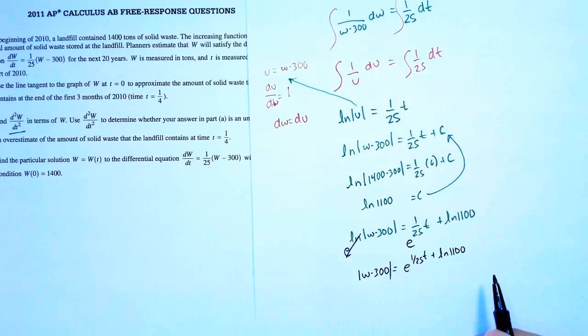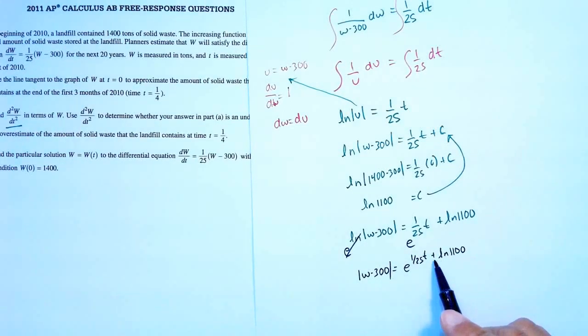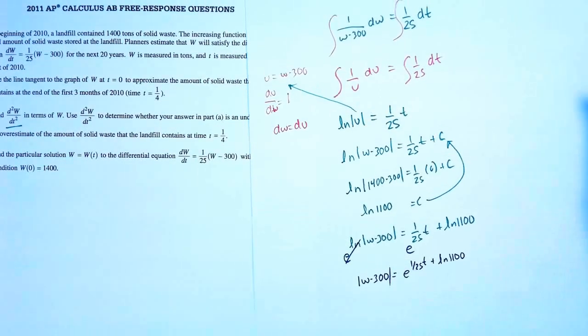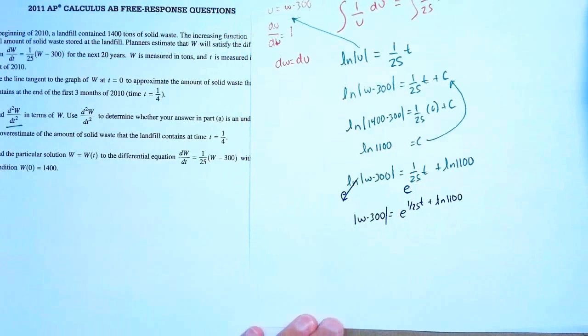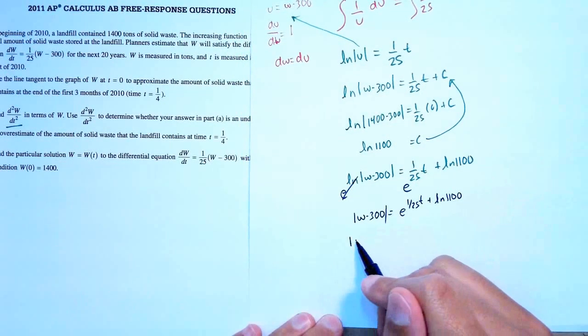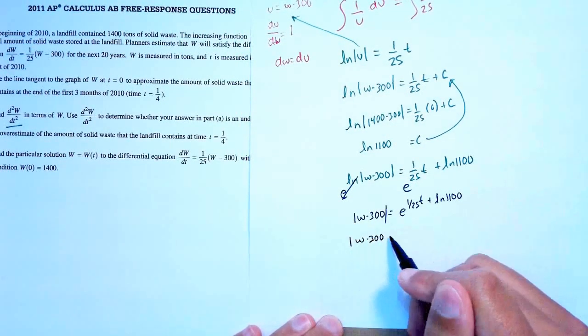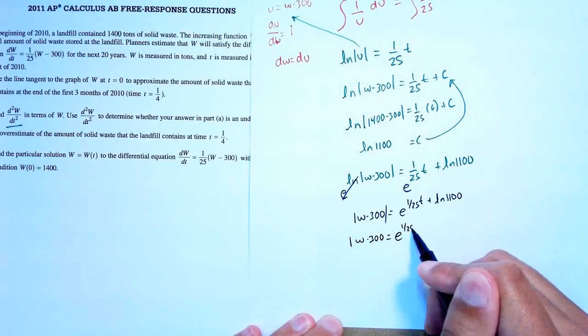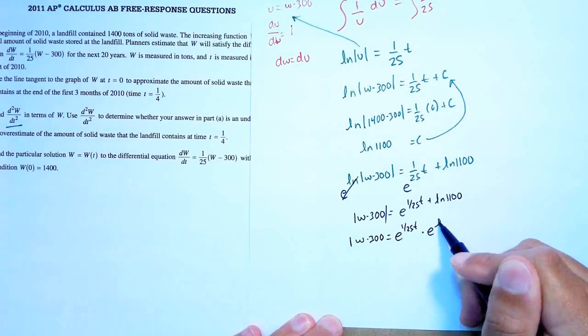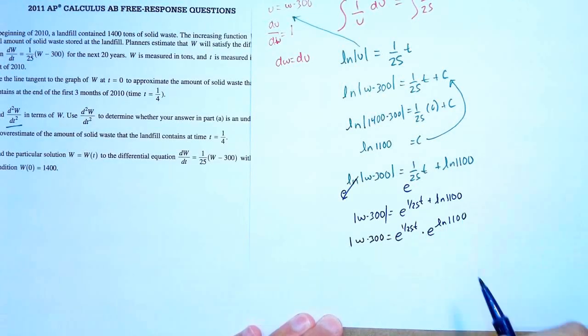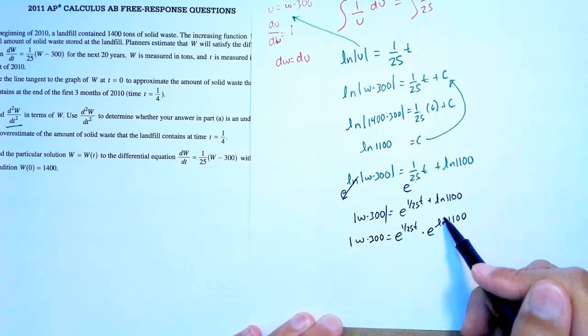Now, I don't really like how this looks because I don't want a plus sign, and remember, I'm able to break this up. This actually breaks up to this: absolute value of w minus 300 is equal to e to the 1 over 25t times e to the ln 1100, and then because I'm doing that, e and ln are going to cancel out.